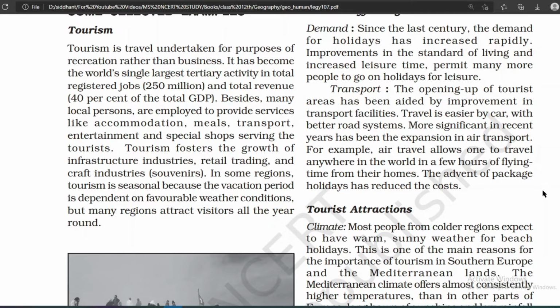Besides, many local persons are employed to provide services like accommodation, meals, transport, entertainment, and special shops serving the tourists. Tourism fosters the growth of infrastructure industry, retail trading, and craft industry. In some regions, tourism is seasonal because the vacation period is dependent on favorable weather conditions, but many regions attract visitors all year round.